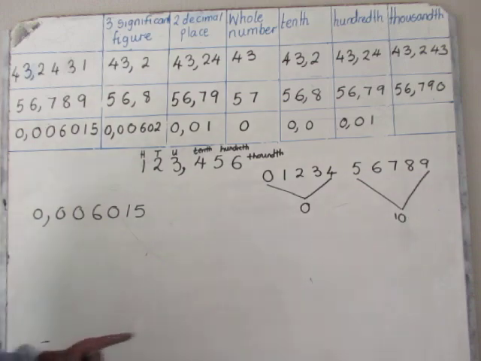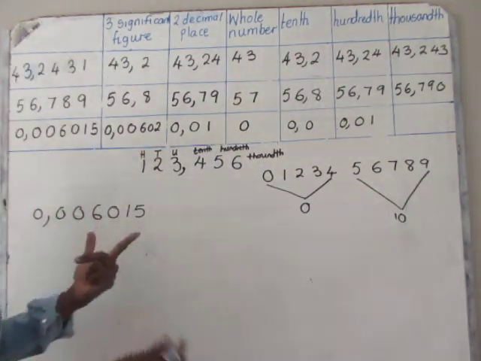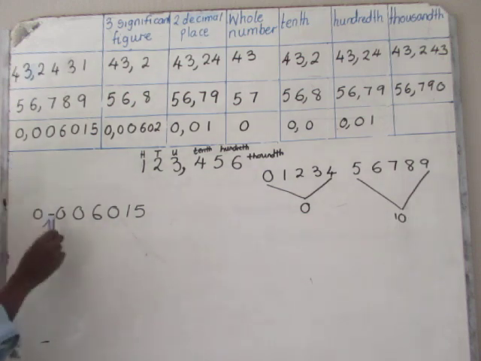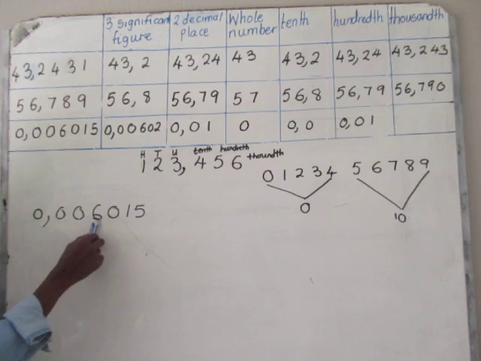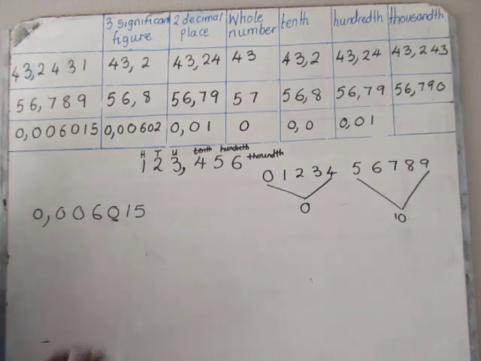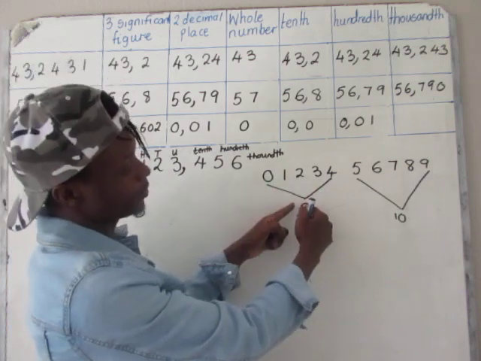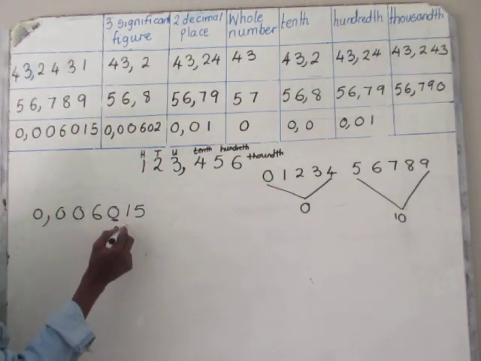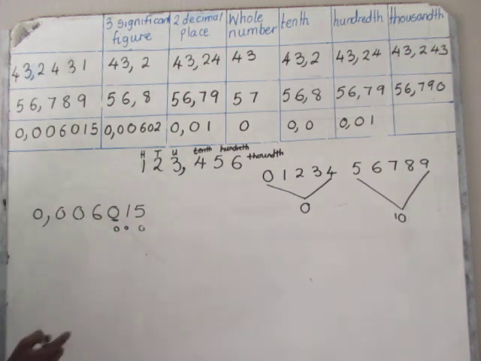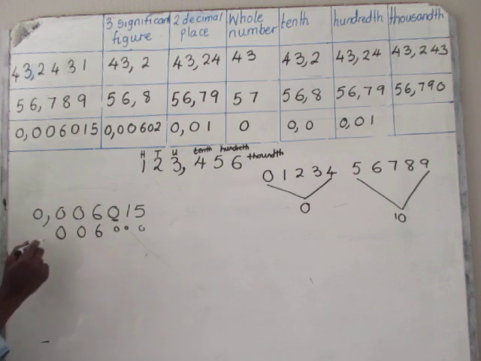Then doing the last one, 0.006015 to the nearest thousandth. So where is the thousandth? By now you should know this is our unit, tenth, hundredth, thousandth. So we need only this one. So we ask this 0, does 0 round up or down? 0 goes down and remains 0, isn't it? So you're going to remain 0, and the rest of these guys are going to be 0. 6 is not going to change, this 0 is not going to change.